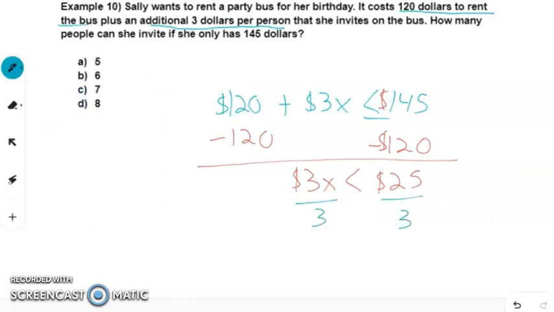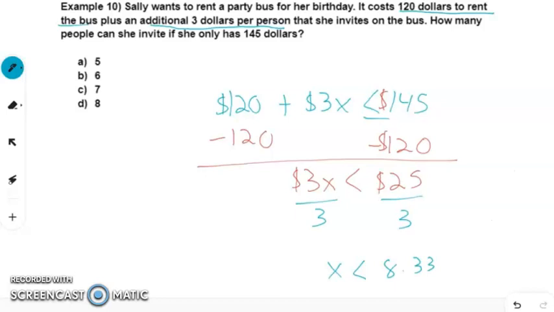Now the 3's will cancel and I'll get x is less than or equal to 8.33.